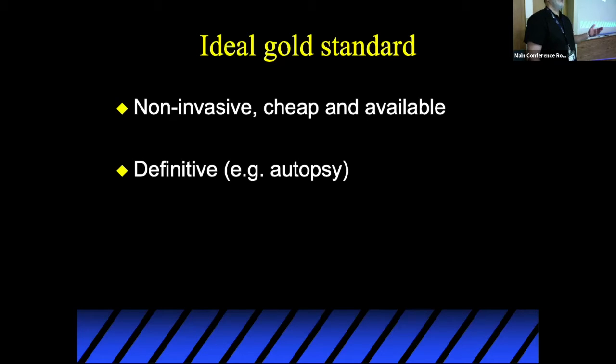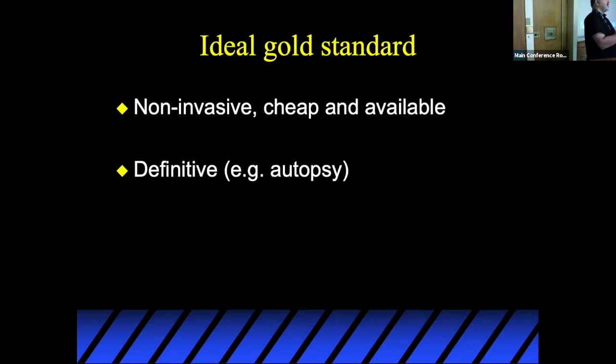Some gold standards are not definitive. For example, what's the gold standard for diagnosing seizure? EEG, right? Do you know in what percentage of times two epileptologists agree on the finding of an EEG? About 50 to 60% of the time. So you can give the same EEG to two neurologists and they only agree with each other about 60% of the time.